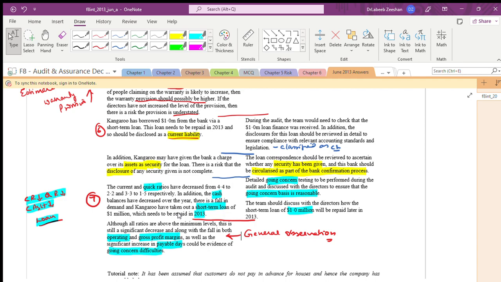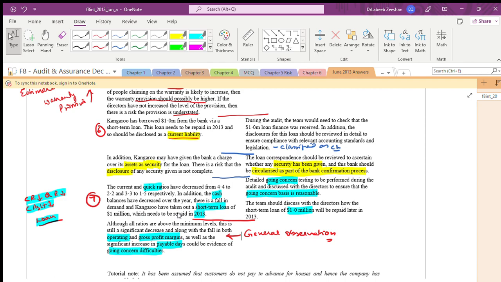Now, we have to correspond with the bank, to ascertain whether any security has been given, and you have to get the bank confirmation letter also. The next one is the current ratio, quick ratio, cash, and the loan has been taken.